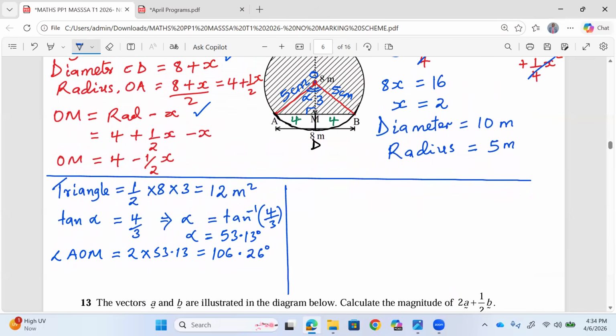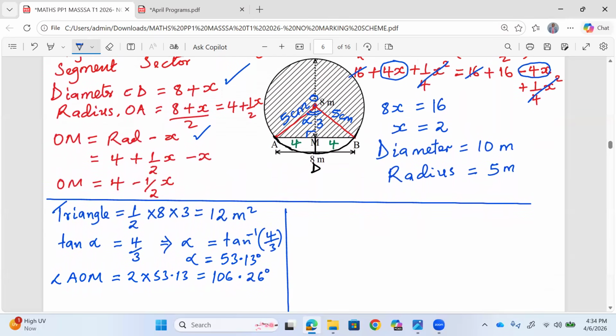Now, after finding that angle, can we find the other angle? Because we are dealing with the major sector now, we cannot use the angle on the inner side. So now we can use the angle which is on the other side for the major sector. Please make sure that you understand what I mean at that point. I want to draw it very well. We are supposed to deal with the reflex angle.